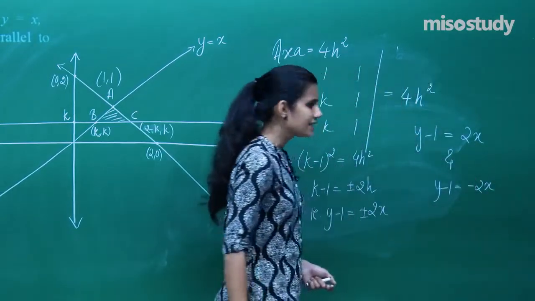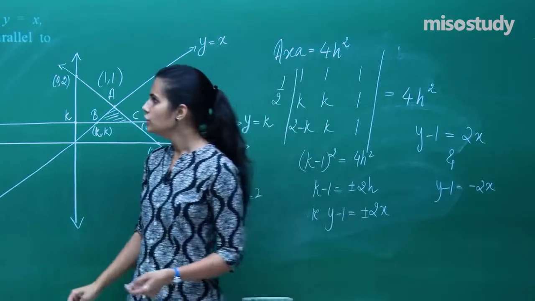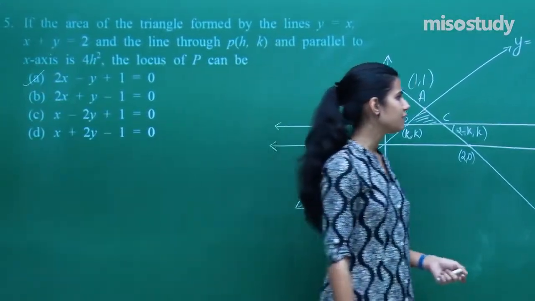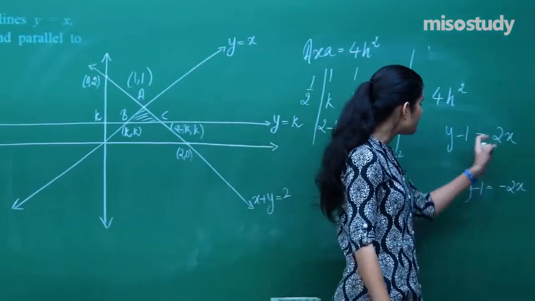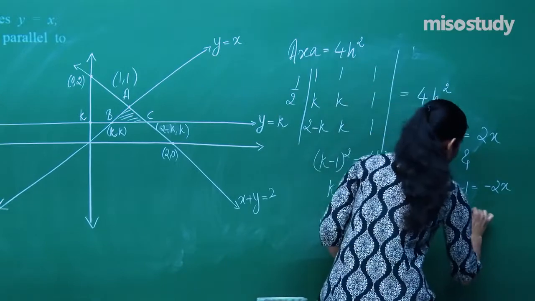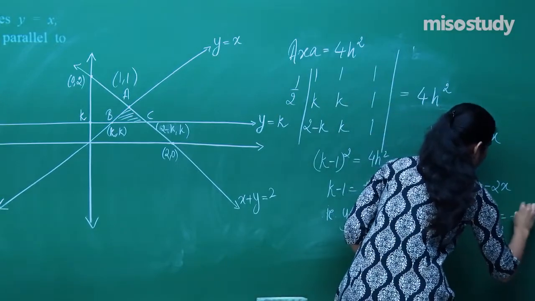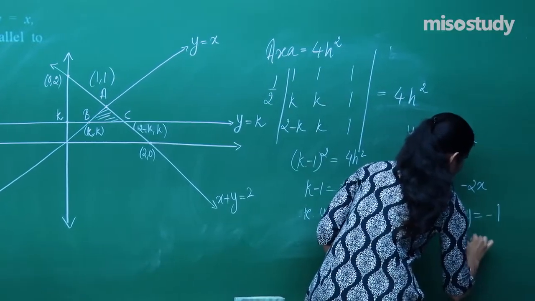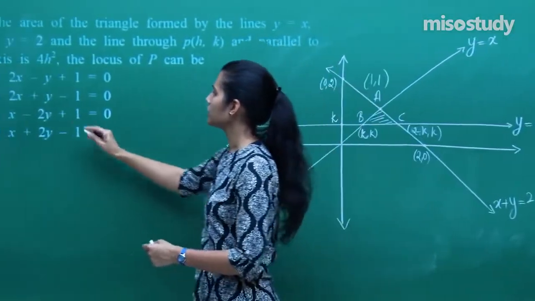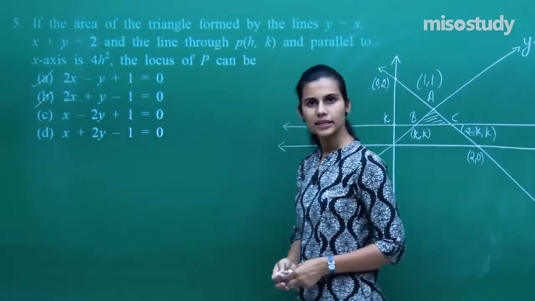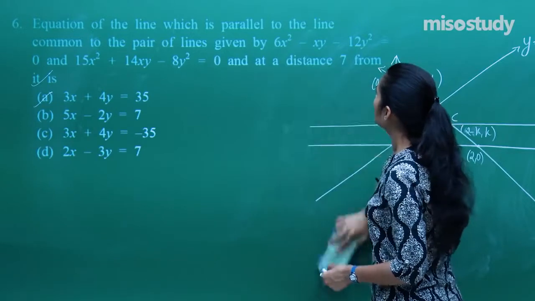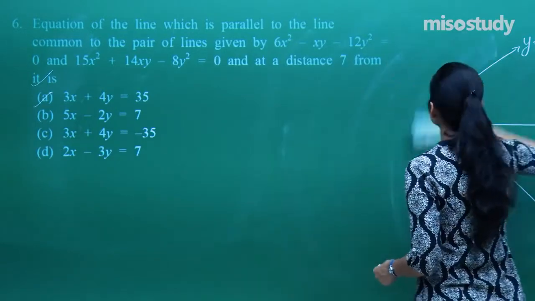So you get 2x minus y plus 1 equals 0, and next you have minus 2x minus y equals minus 1, or I can say 2x plus y equals 1, or 2x plus y minus 1 equals 0. Clear?